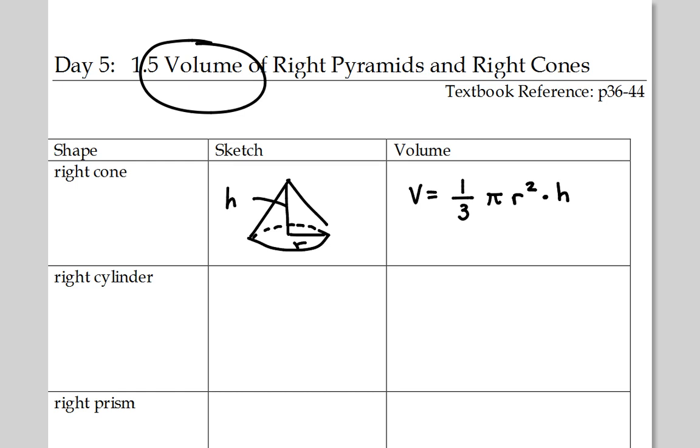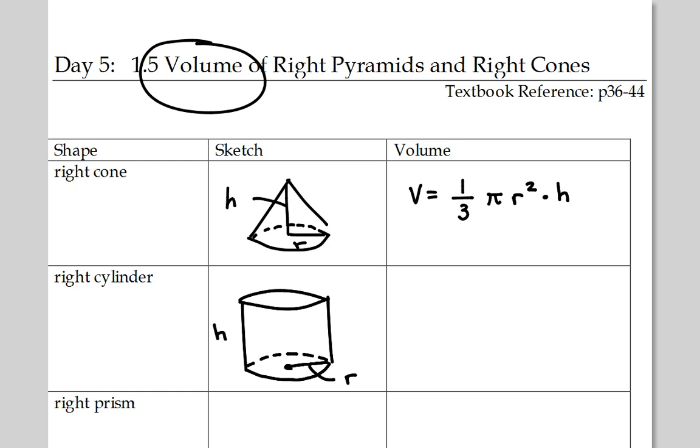I'll just have you scan your data sheet. Go find cylinder. Do you see cylinder? That's right underneath on your notes. Let's just quickly sketch that guy in. Cylinder has a very similar formula that uses the radius and uses the height.